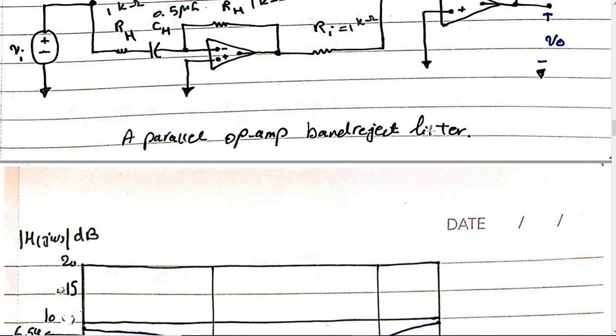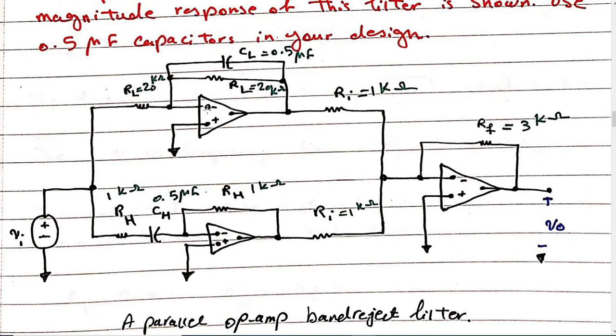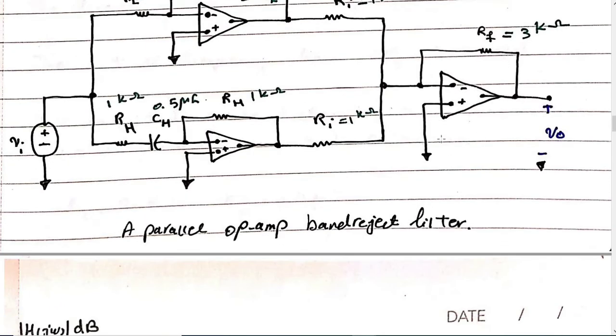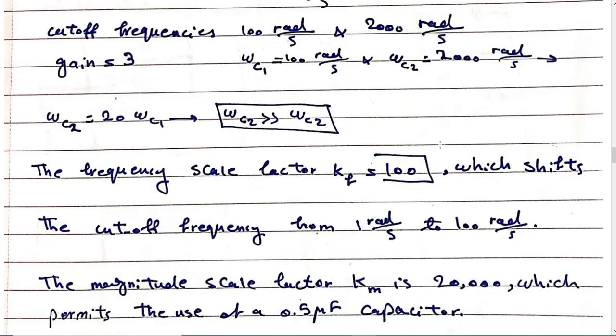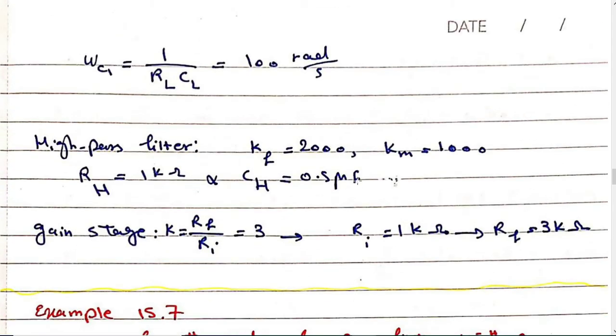This one is the unity gain low pass filter, unity gain high pass filter. After that we use gain circuit just to change the gain to the desired level. So for this one, 3 is the gain. Over here you see gain stage, K is RF over RI, which is 3.